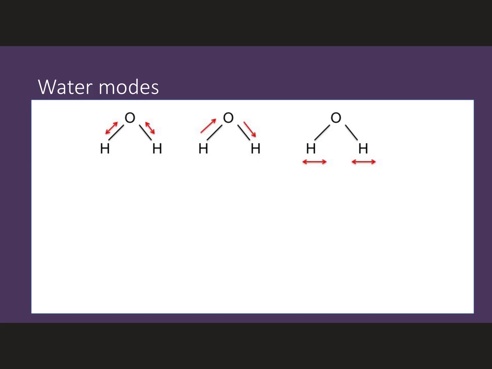So when we think about this, again, we know there are 3n-6 vibrations since it's nonlinear. So therefore, we would have 3 times 3 minus 6, which equals 3 vibrations. And this is what those 3 vibrations would look like. We would refer to this as the symmetric stretch because the OHs are stretching in a symmetric fashion.